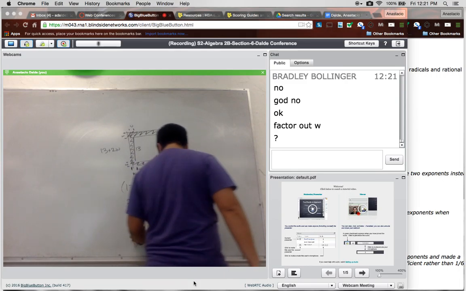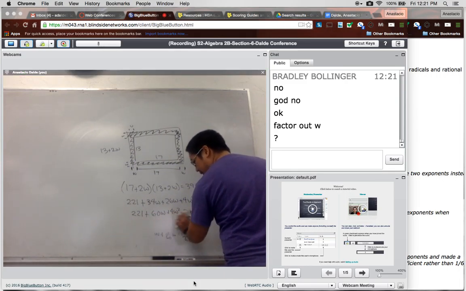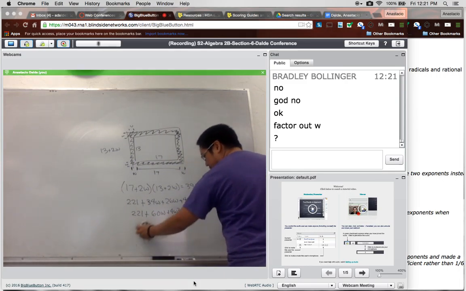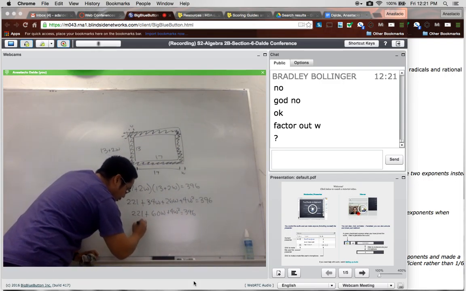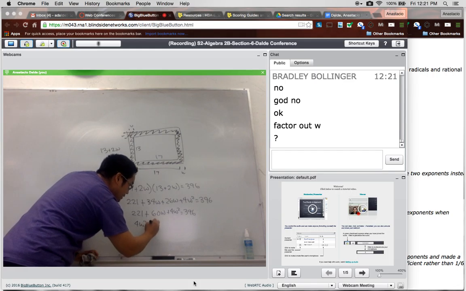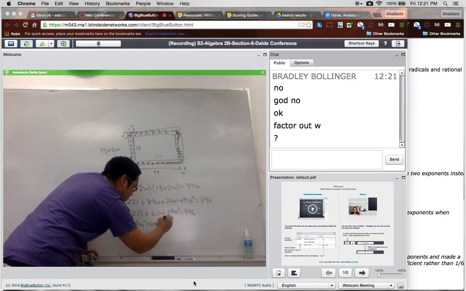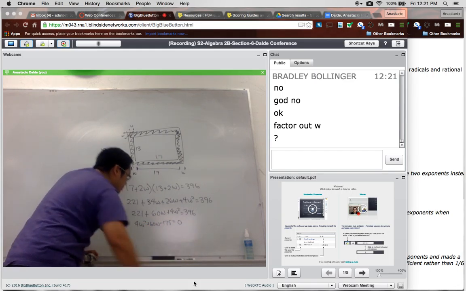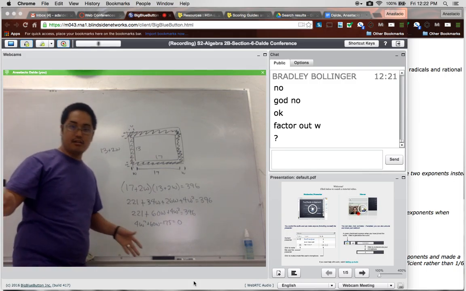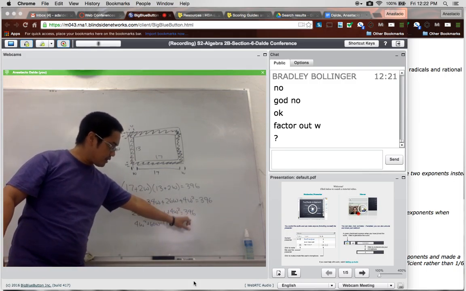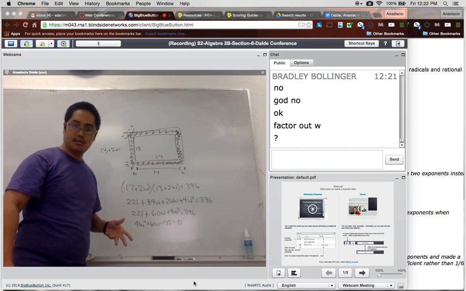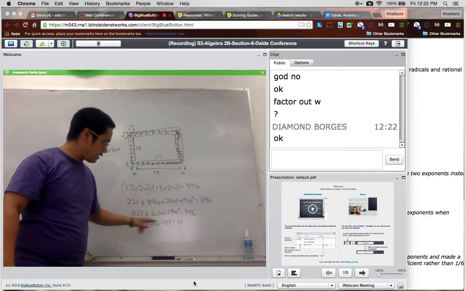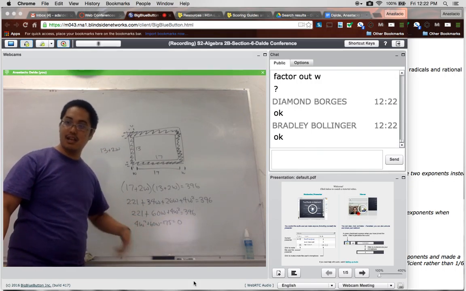I'm going to backtrack and rewrite this in a different line: 4W squared plus 60W minus 175 equals 0. All I did was subtract 396 to the other side. 221 minus 396 is negative 175.